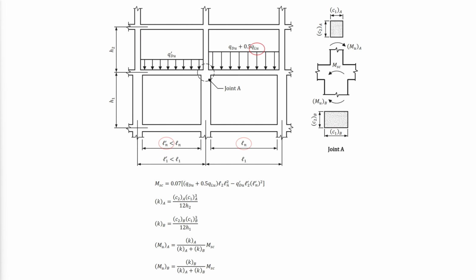QLU is the factored live load on the longer span. QDU and QDU prime are the factored dead load on the longer and shorter spans respectively. The moment is then distributed to the top and bottom column or wall in direct relation to the member stiffnesses.